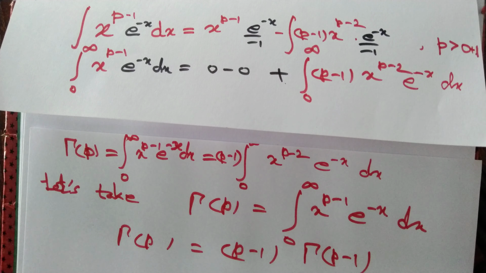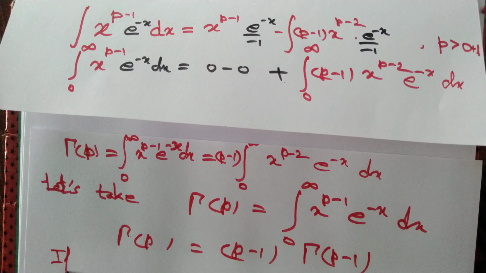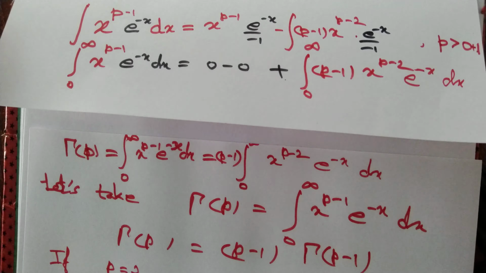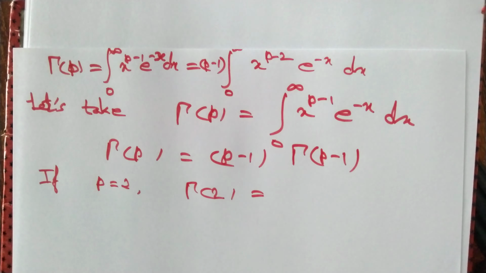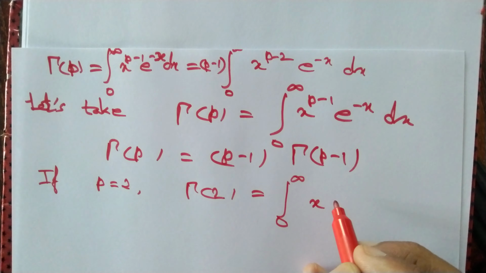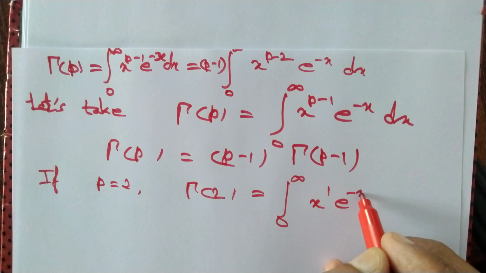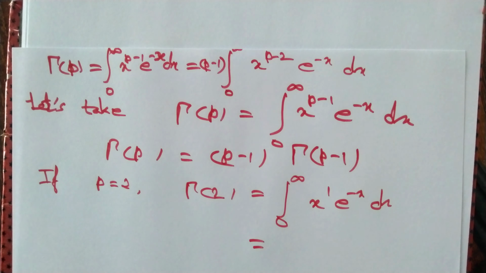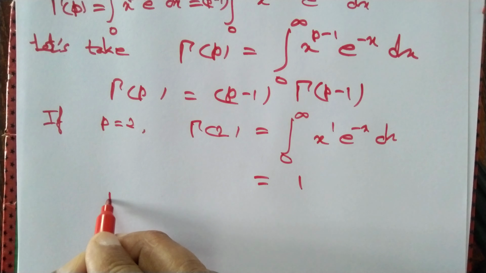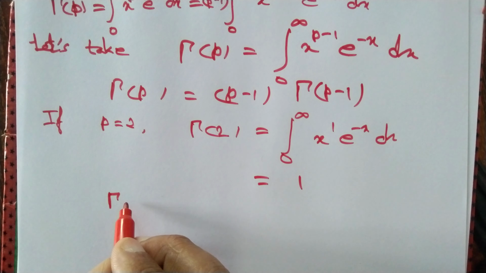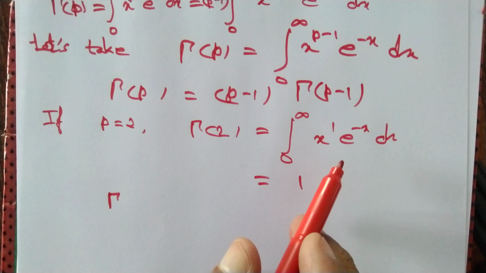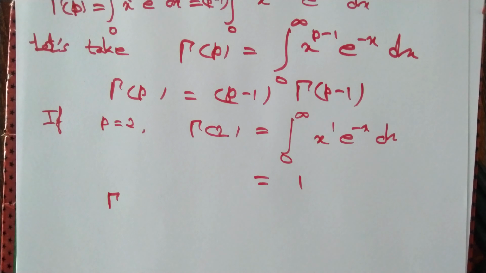Further, if I choose p equal to 2, gamma 2 turns out to be the integral from 0 to infinity of x to the power 2 minus 1, which is 1, times e to the power minus x dx, which we have computed earlier to be equal to 1. And so if I took p equal to 2, we found gamma 2 equal to 1.